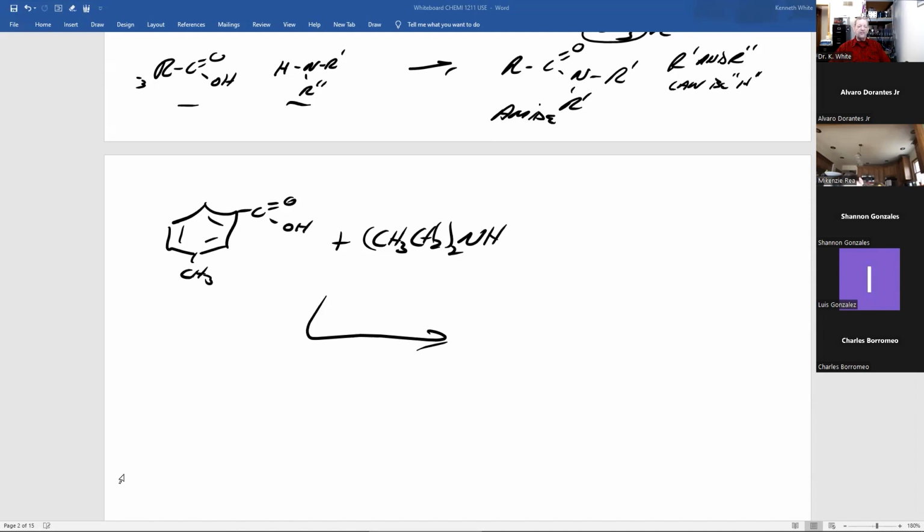I will tell you this. An amine will not, under these conditions, react with a benzene ring. Won't.